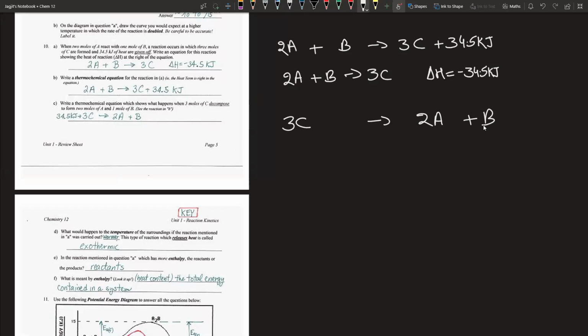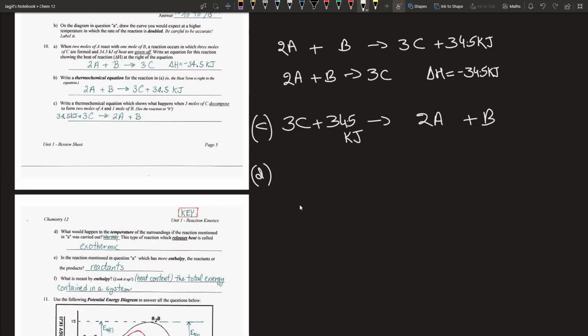Your heat term was on the C side, so you'll have to put it on the C side. Does that make sense? So basically the equation just flips over. Pretty much the whole equation reversed. In the first equation, A and B combined to form C, and in this part, your C broke up into A and B. Okay, so that was that.